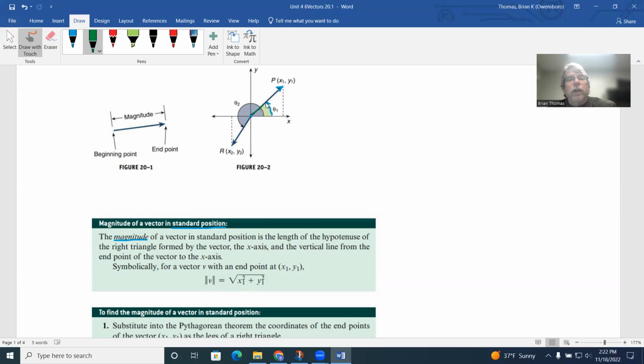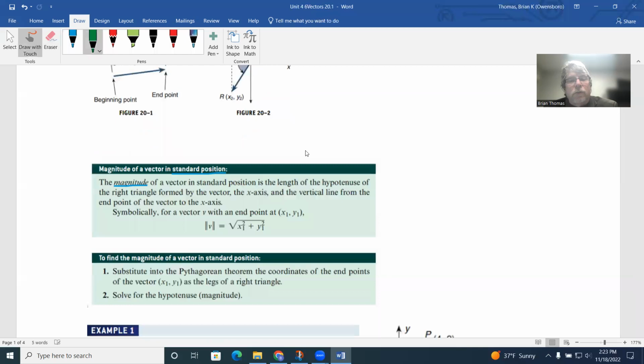If we want to find this line right here, that's going to be the magnitude. The x-axis becomes one side of the right triangle, and if we drop down from the endpoint, the head, this creates our right triangle. Then theta would be our included acute angle in solving it.